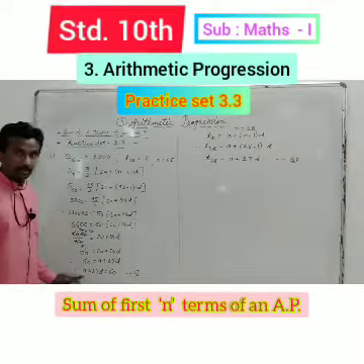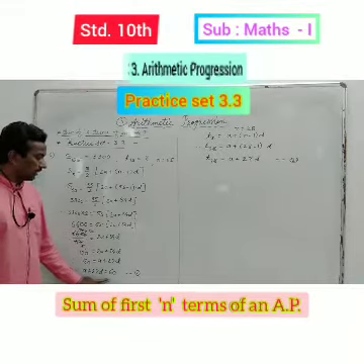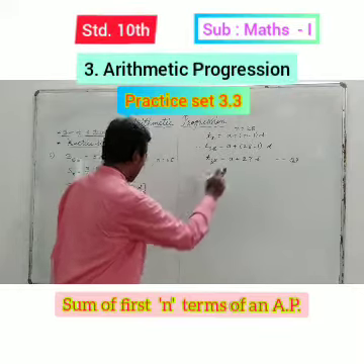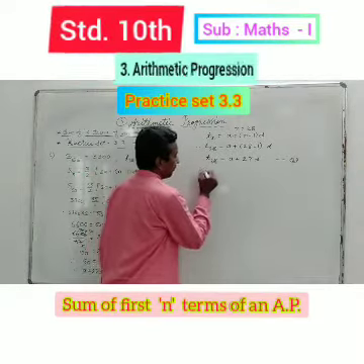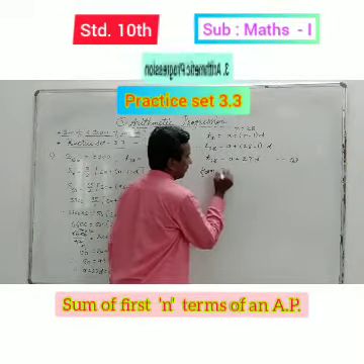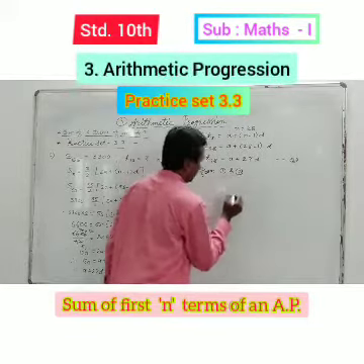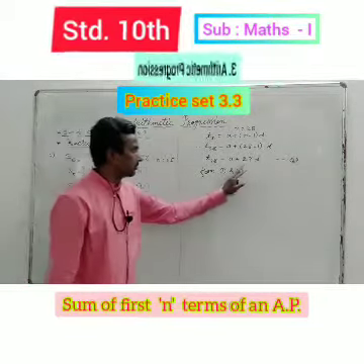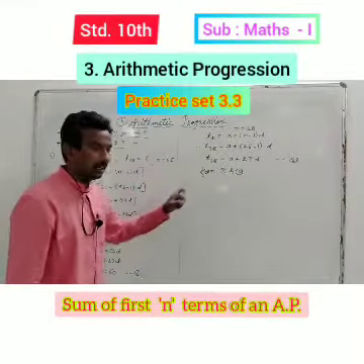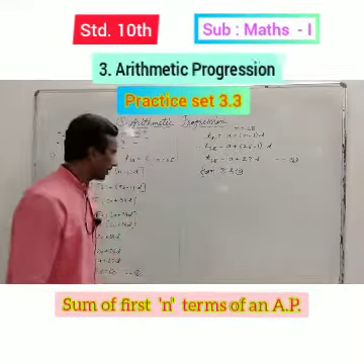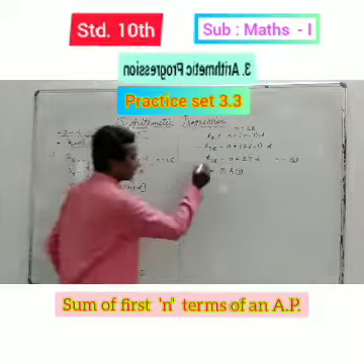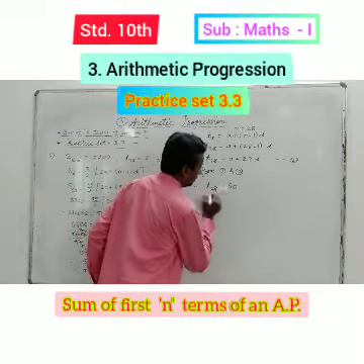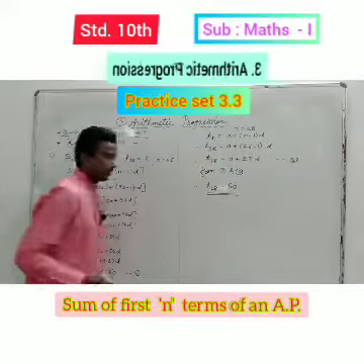Now equation number 1 is a plus 27d equal to 60 and equation 2 is T28 equal to a plus 27d. Now from equation 1 and 2, a plus 27d and a plus 27d, means one side of each equation is same, equal. Therefore another sides are T28 is equal to 60.